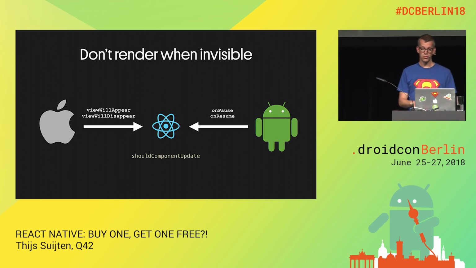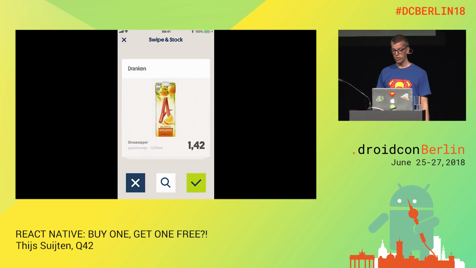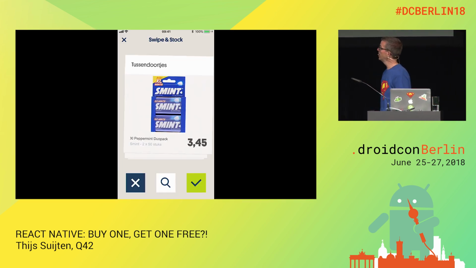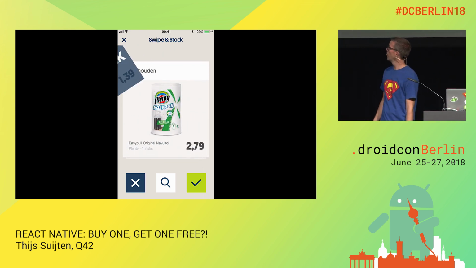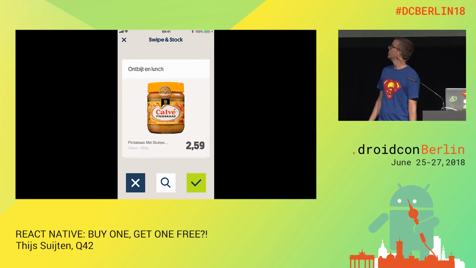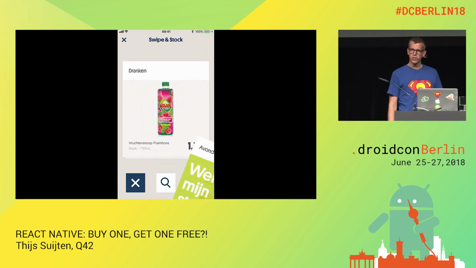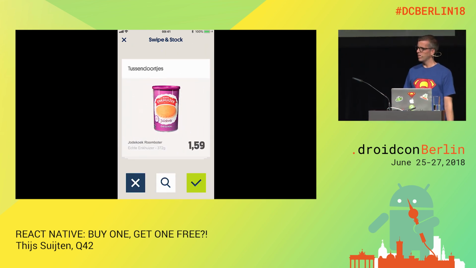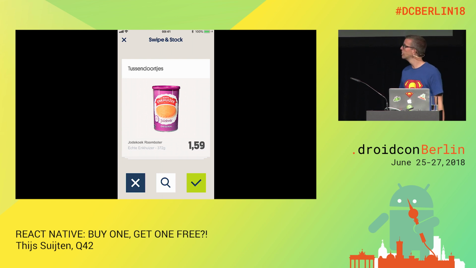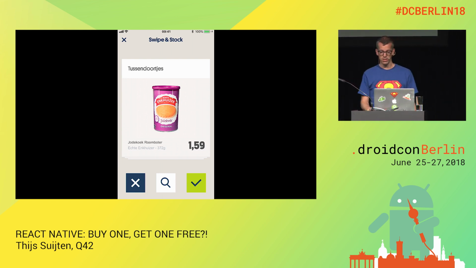So when the screen is not visible, we simply return false. And then the performance issues were gone. As you can see here, we can now swipe through the groceries and everything is running smoothly. So even though I just said that React Native might not be as performant as native, you can still build pretty awesome stuff with it.